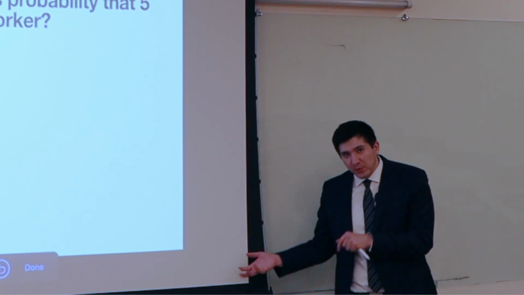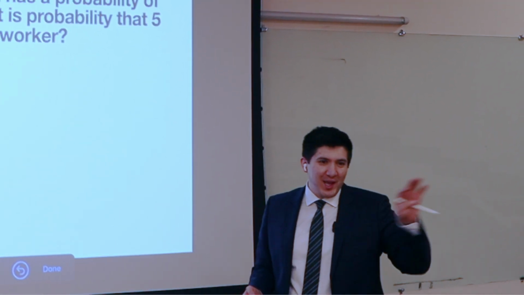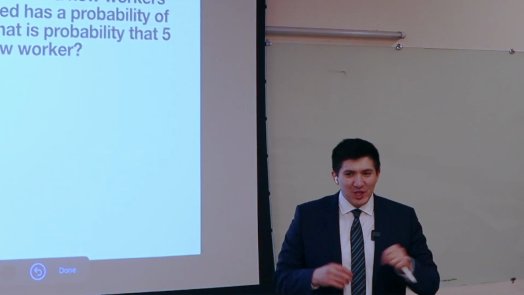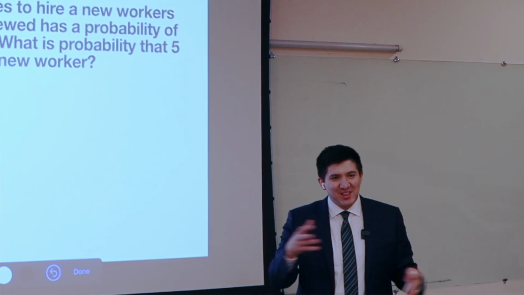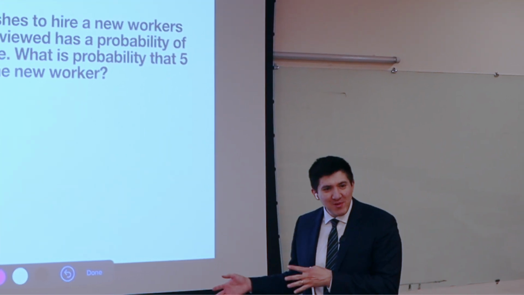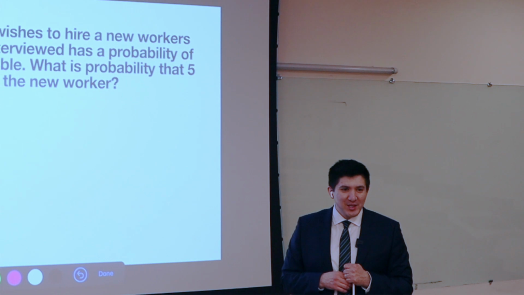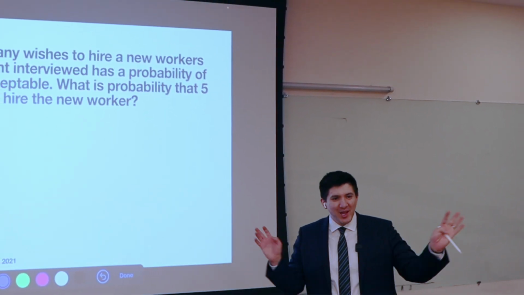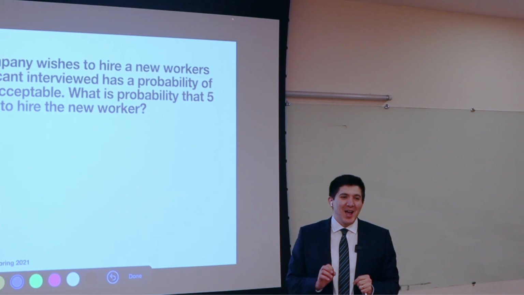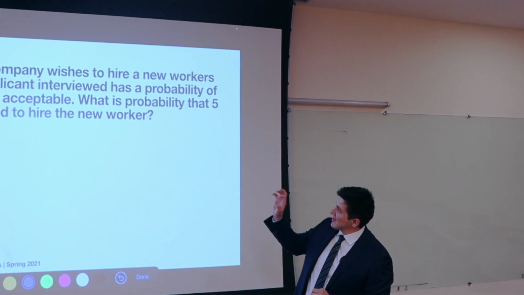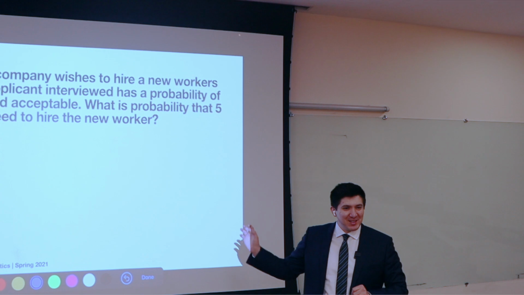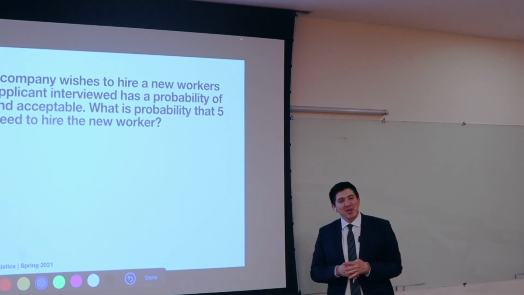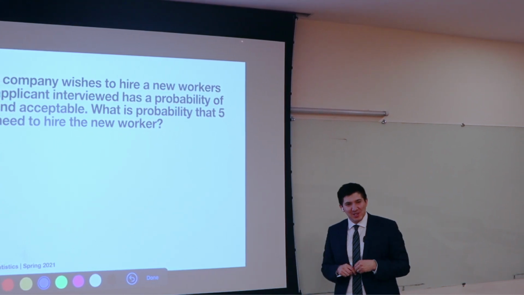It is important, for example, for the secretary of the head of the company because she also needs to arrange the people who are going to come to the interview, right? And she can't really just call like 15 people to come to the interview or like 150, right? She's going to use these probabilities or the expected numbers in order to know how many applicants should come to the interview.